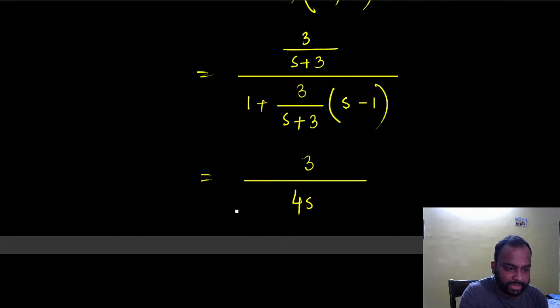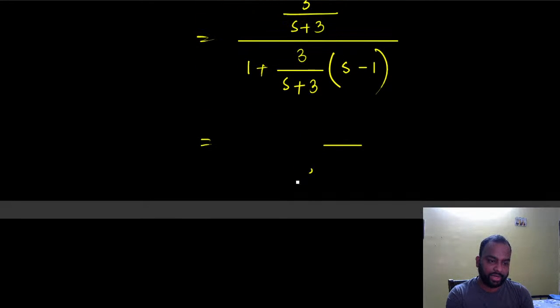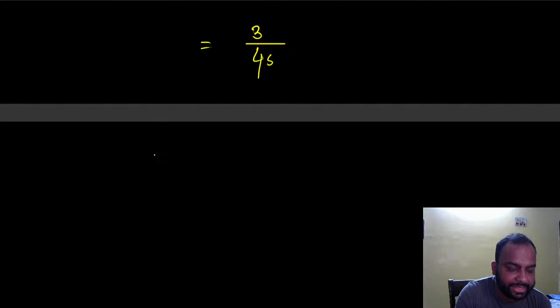Okay. I think that's 3 by 4S, right? If I'm not making any gruesome mistake here. Right. That's GES. So GES is just 3 by 4S, right? Okay. So that's GES.